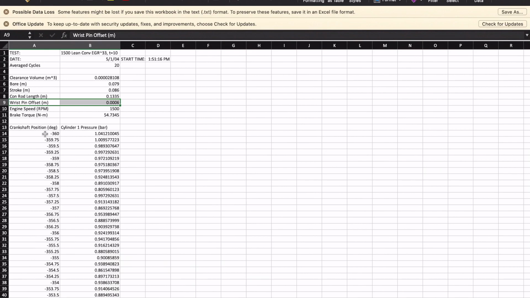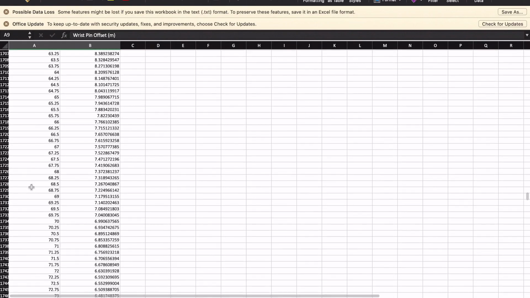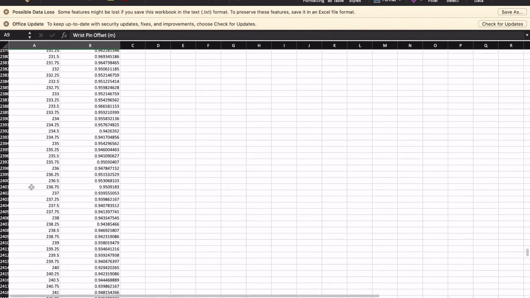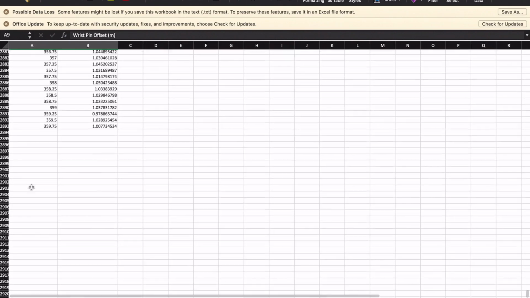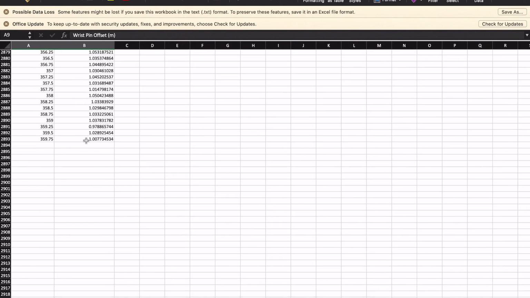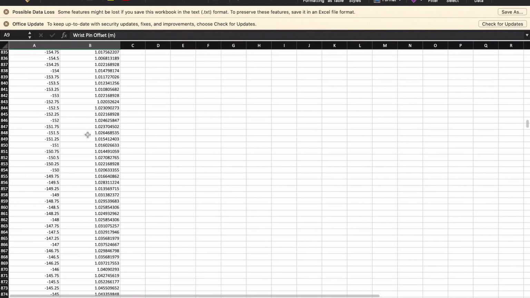And you'll notice that the pressure data are logged every quarter turn of the crankshaft, right? And so you can scroll through this whole set of data and it's going to go from minus 360 to positive 360 at the very bottom of the data file, okay? And it gives the pressure behavior along that whole crank angle sweep.